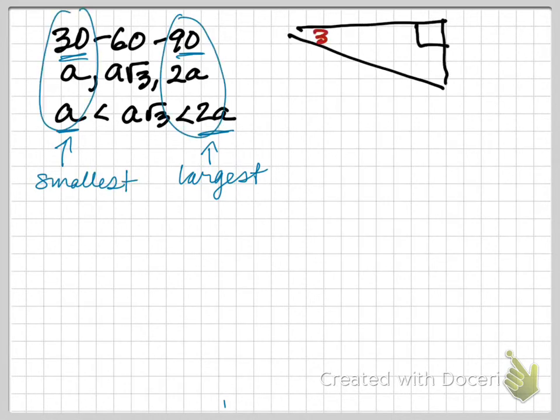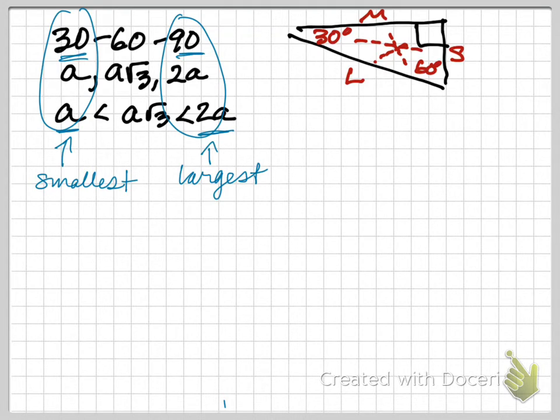All right, so if we take a look at a 30, 60, 90 triangle, there's a theorem that says opposite the angle is always the side. So opposite the smallest angle will always be the smallest side. Opposite the medium angle will be the medium side, and opposite the largest angle will be the largest side.